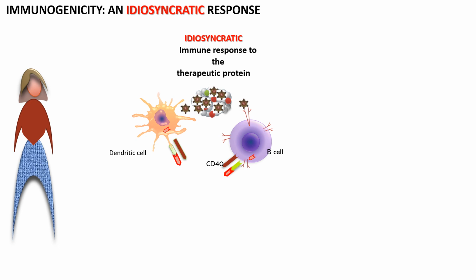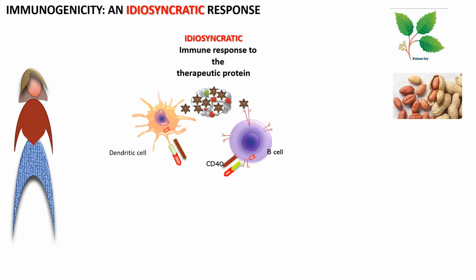While we know that some danger signals are identified by everybody, like crystals or cell walls and pathogens, because they're not normally seen by our body as part of ourselves, there are other cases and ample examples of different antigens in nature that are seen by some individuals as dangerous, like some people have poison ivy allergy or allergy to peanuts. And this is not everybody, it's idiosyncratic.